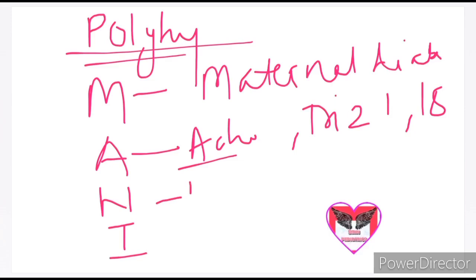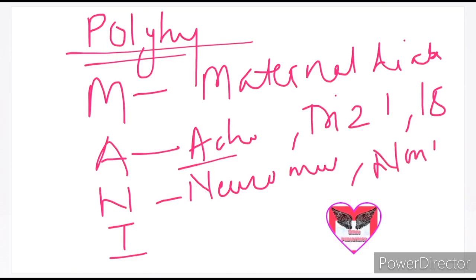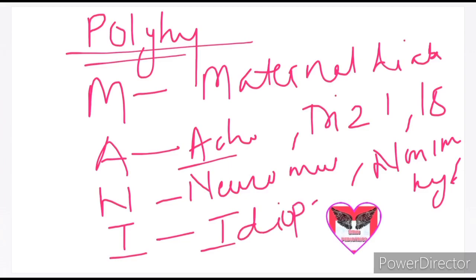N for neuromuscular disorder or non-immune hydrops. I for idiopathic. Idiopathic is most common cause of polyhydramnios. And I for intestinal atresia.